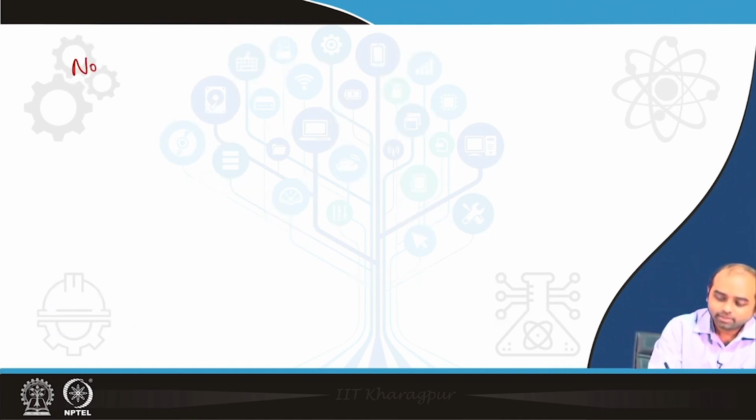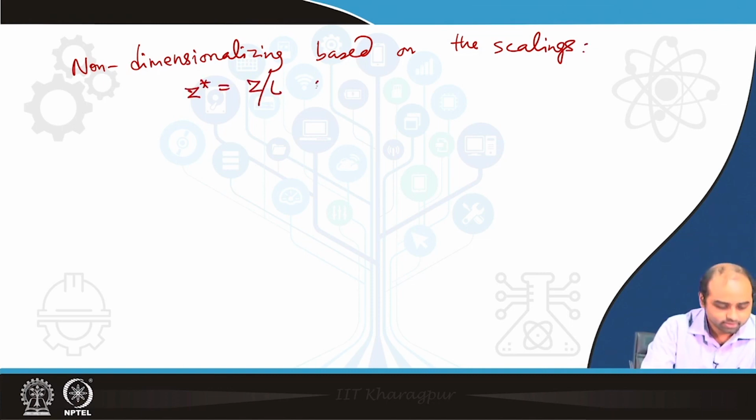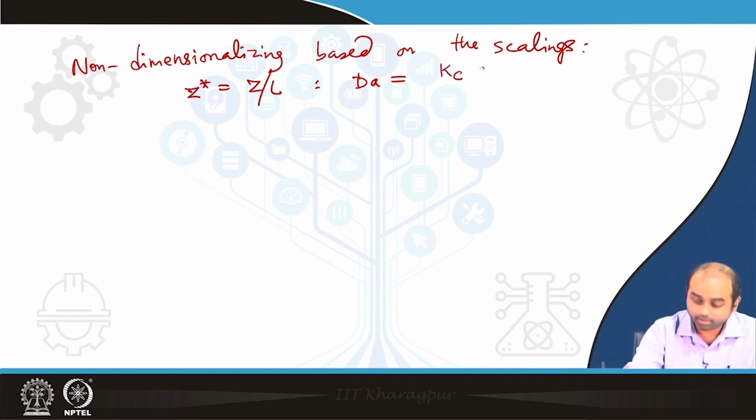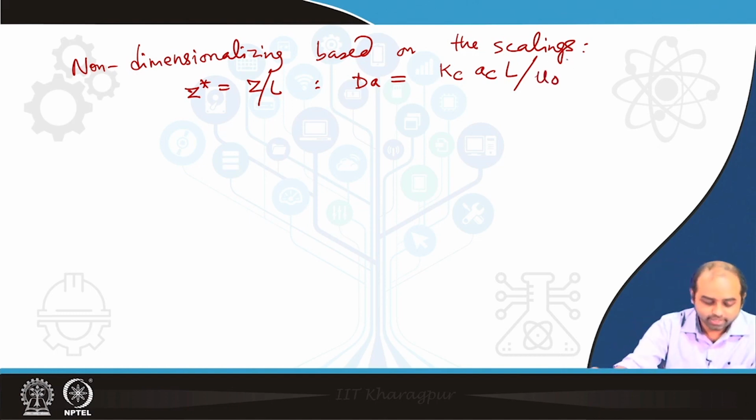just bear with me. Non-dimensionalizing this equation based on the scalings, let us say Z star is equal to Z by L. We define the Damkohler number as, sorry, I hope all of you are aware of what we mean by the Damkohler number: the mass transfer rate by the reaction rate.